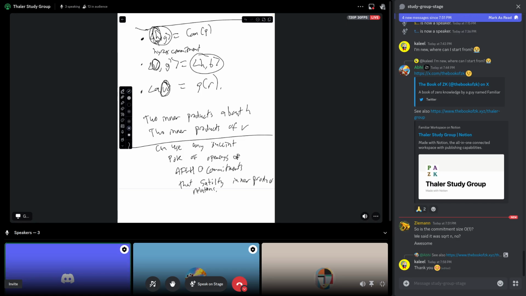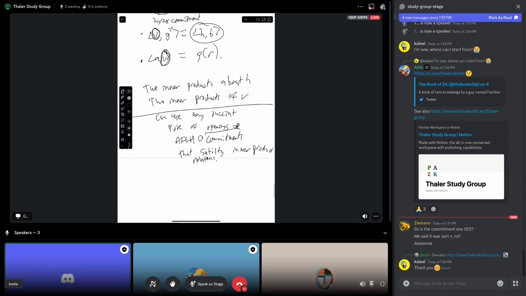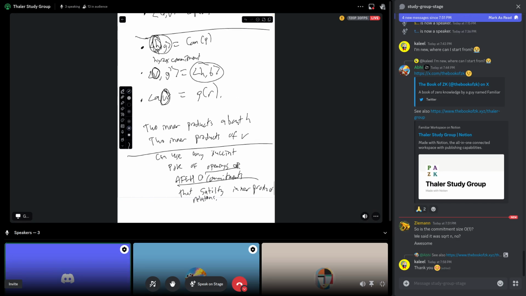Of course, openings of AFGHO commitments are themselves an inner product relationship. Like saying, I know a Hyrax commitment H that opens this AFGHO commitment, the commitment to P. Well, that's just a statement about the inner product of H with the AFGHO commitment key.